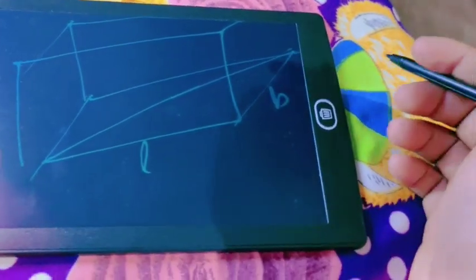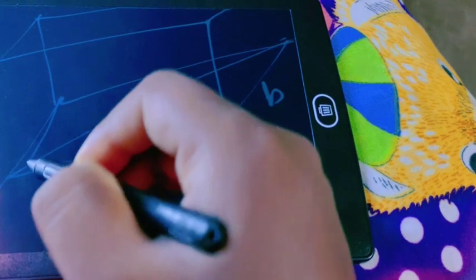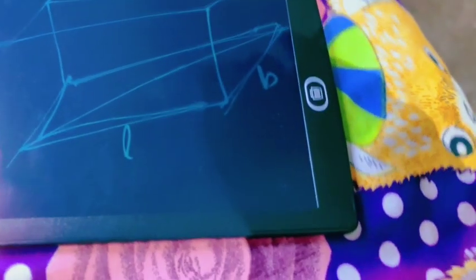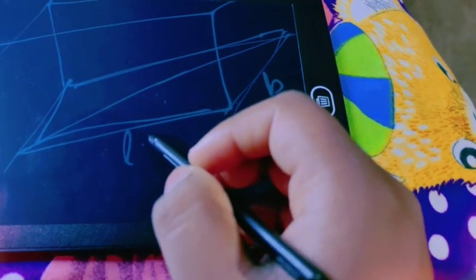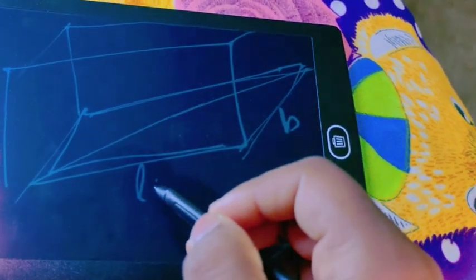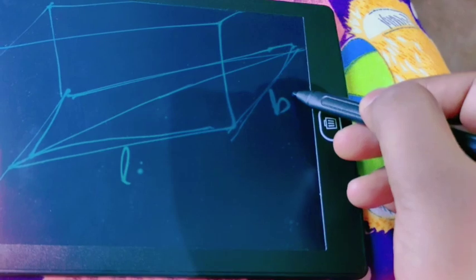First, we only consider the base of this cuboid. It is a rectangle, its length is L, breadth is B. What will be the length of this line?